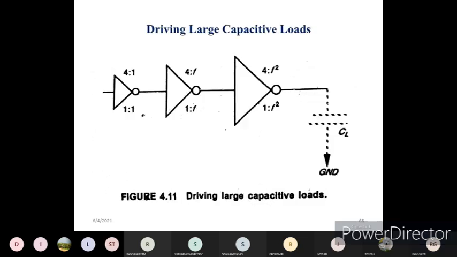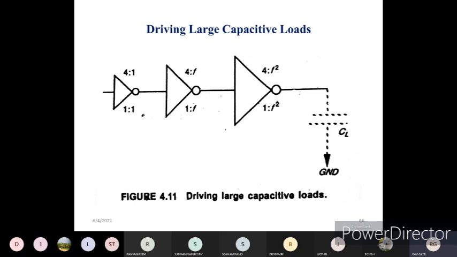Okay. The next one is driving large capacitive load. It is necessary for us to understand what capacitive load can be drawn from each subsystem in the entire IC manufacturing process.